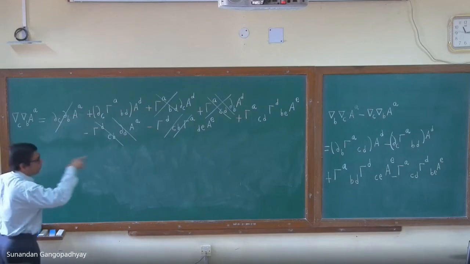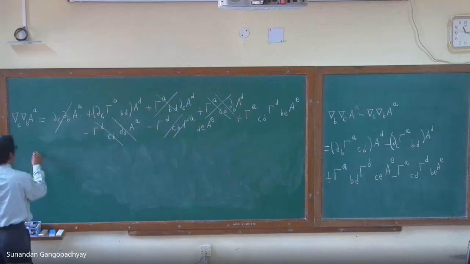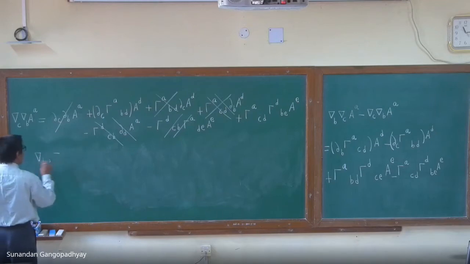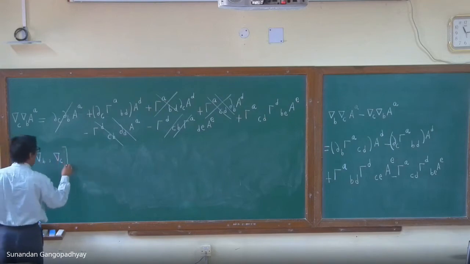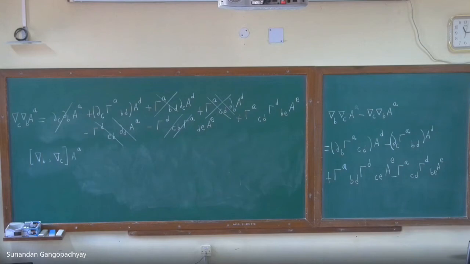That particular combination, we can write as the commutator of grad B, grad C, the combination that we have written there.